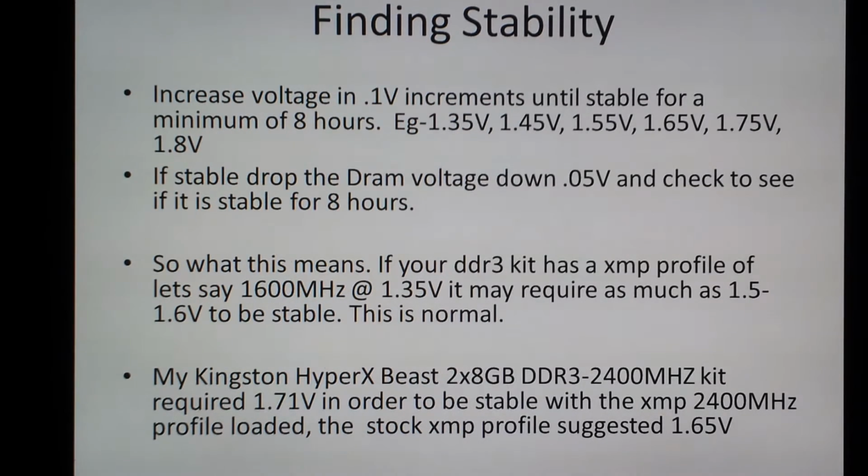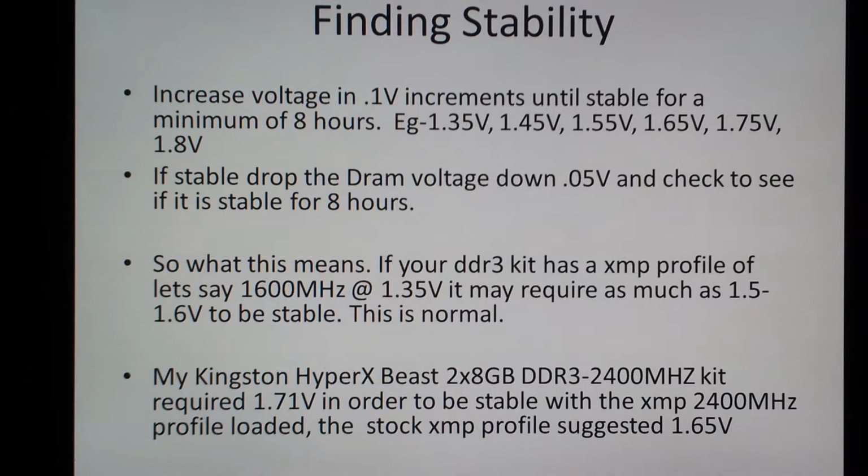So example, if we loaded the XMP profile and it set our voltage to 1.35 volts, we're going to increase that voltage to 1.45, 1.55, etc. Keeping in mind the previous acceptable voltages, which I just touched upon on the previous slide.